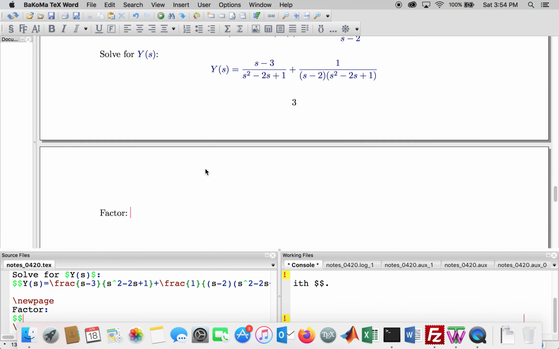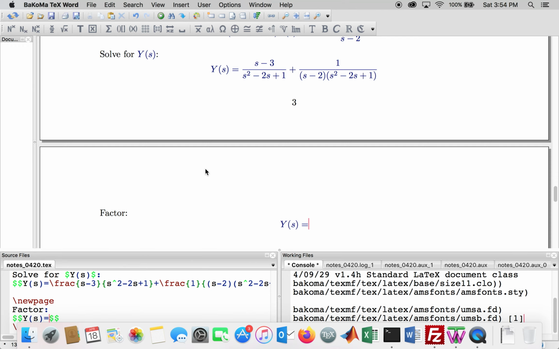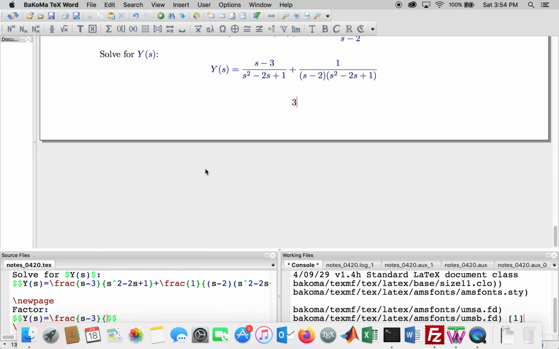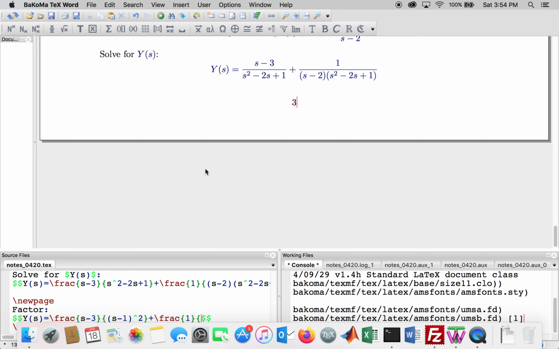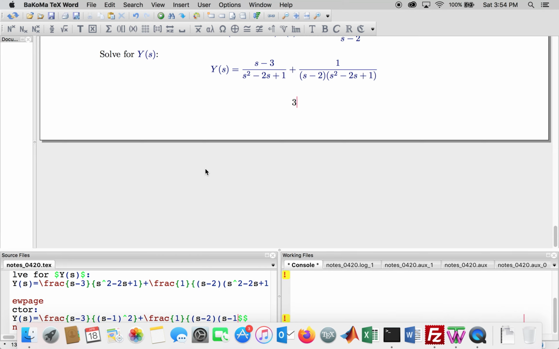Alright, so Y of s will be equal to s minus 3 over s minus 1 squared, plus 1 over s minus 2 times s minus 1 squared.